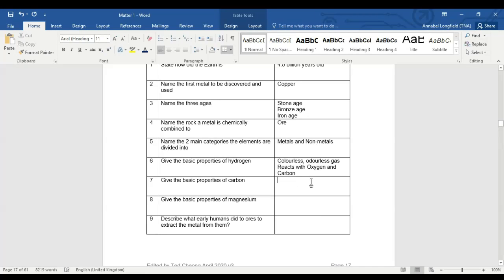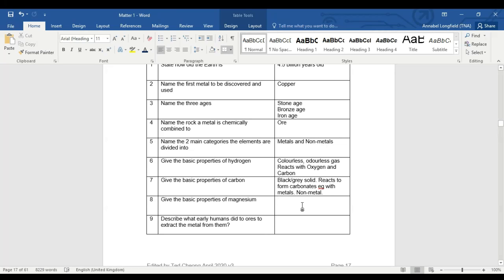Some of the basic properties of carbon are that it is a black/grey solid at room temperature. It reacts to form carbonates, for example with metals, and it is a non-metal.